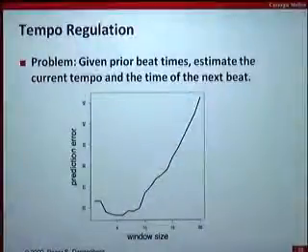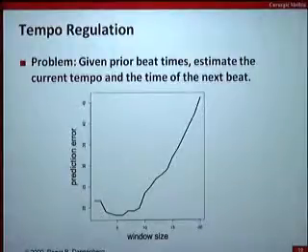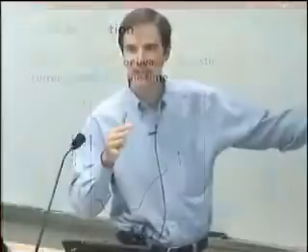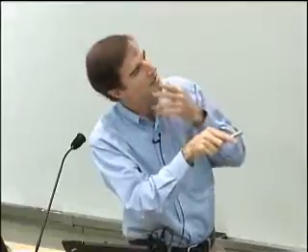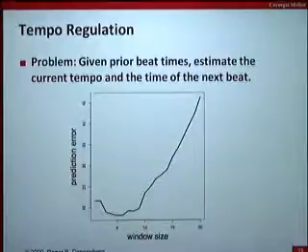And then at some point, as n gets large, we're actually smoothing in data from a time when the tempo was different, and so we're using the wrong tempo to estimate the next beat. As this number gets large, the error gets up to 45 milliseconds typical. Well, actually, I think this is the standard deviation. But anyway, we're getting large errors if the window gets too large. And of course, window size depends on the characteristics of the players and how steady things really are.